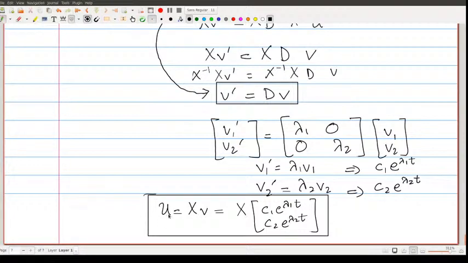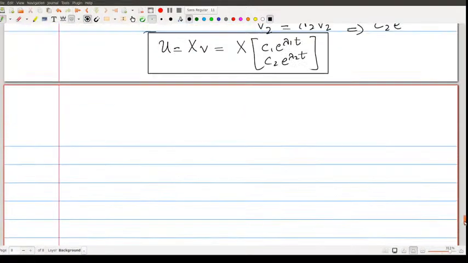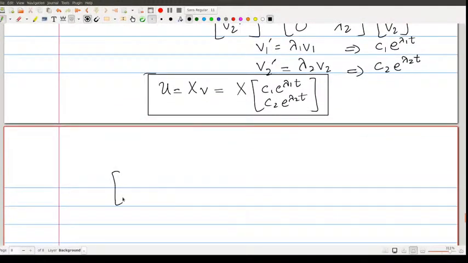And we can write this whole thing actually very neatly. If this is v1, v2, the solution v1, v2 can actually be written as e to the lambda t, where this is now a matrix, right?